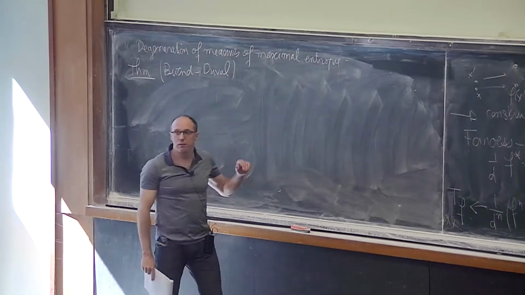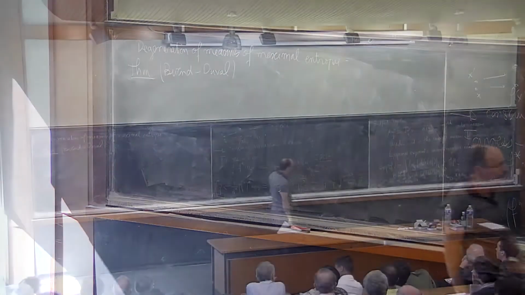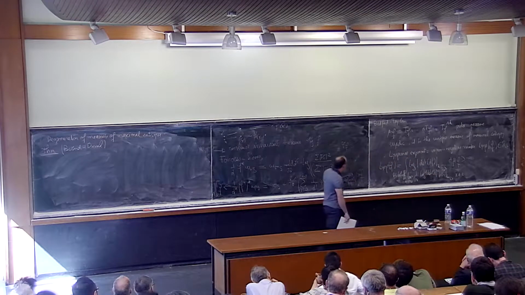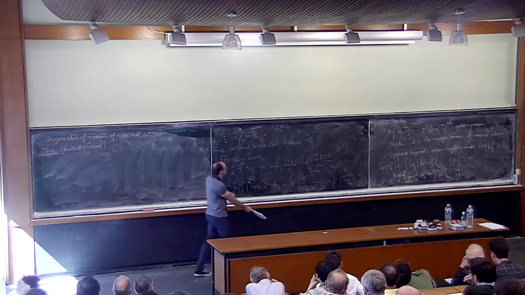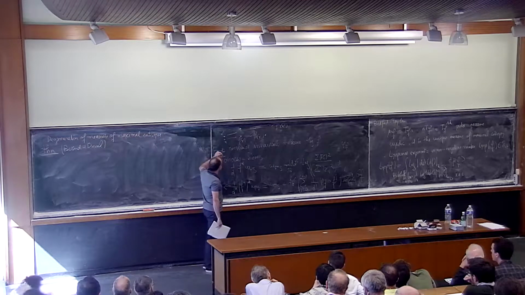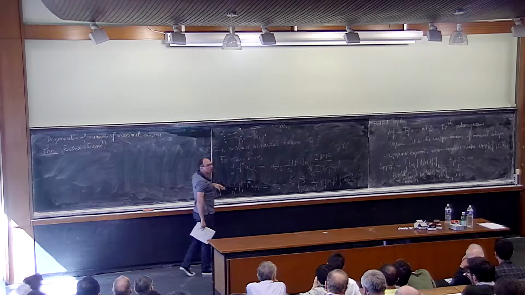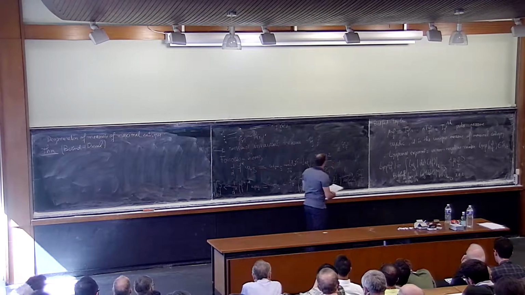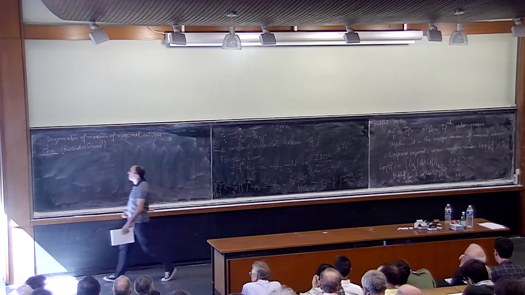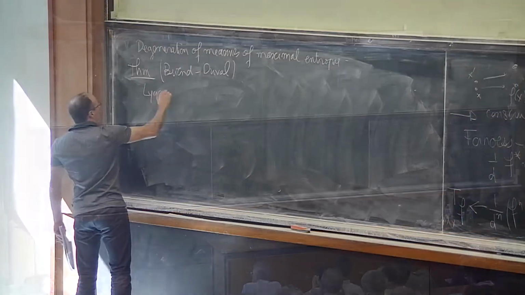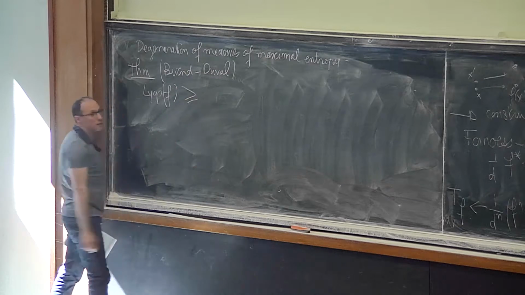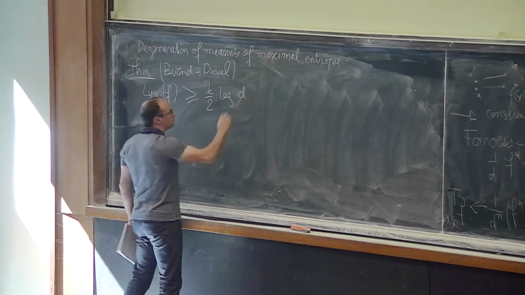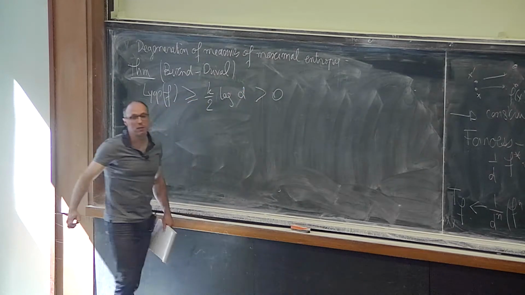The theorem of Briand-Duval says that for generic points on the support of the measure, with respect to this measure mu f, the differential is expanding in all directions. And so as a consequence of the results, one obtains a lower bound for the Lyapunov exponents. The Lyapunov exponent of f is at least k over 2 times the logarithm of the degree, which is a positive number.